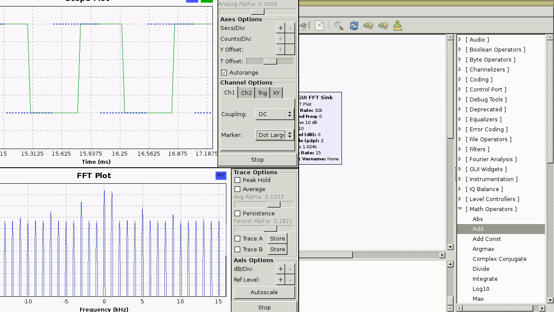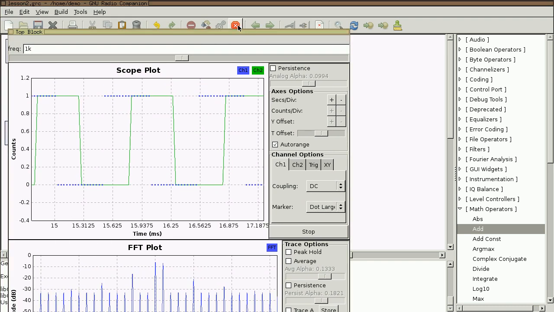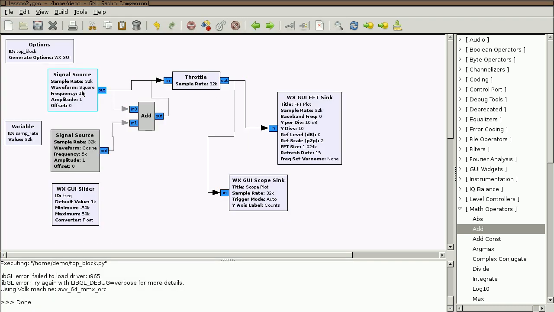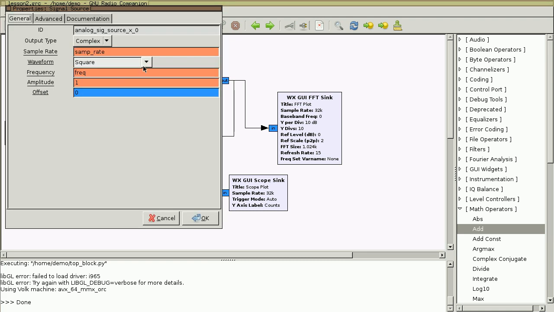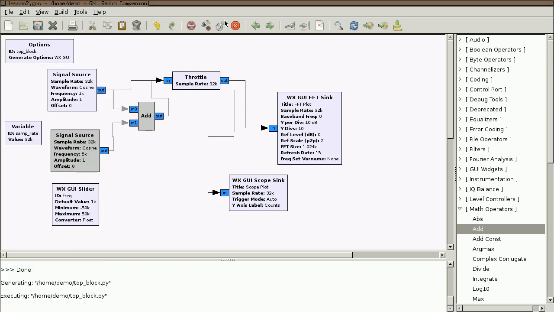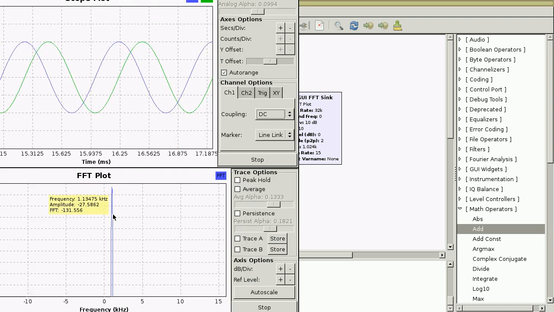Whereas if we have a smoothly varying function that looks sinusoidal, then we have very narrow band signal. If I set this to a cosine wave again, you can see our peak is extremely narrow, and there really isn't any other stuff going on at any appreciable amplitude because we have a smoothly varying function.